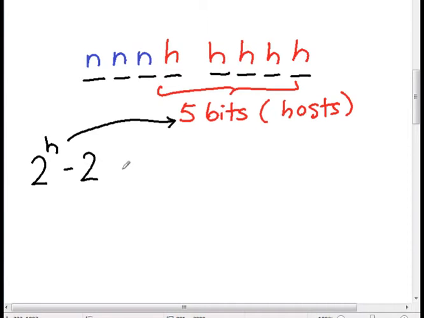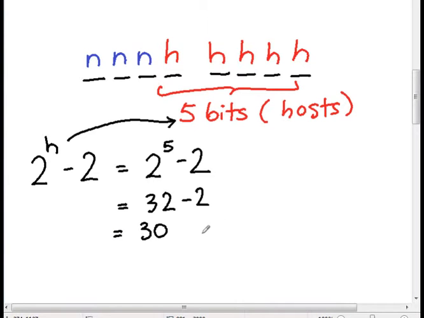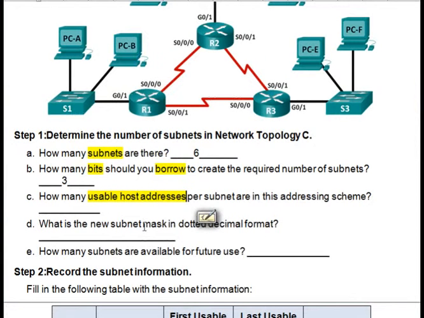So let's put this into the formula. 2 to the power of 5 minus 2 is equal to 32 minus 2, which is equal to 30. So this is the total number of usable hosts per subnet. So let's put this down in the question over here. The number of usable host addresses per subnet is actually 30.